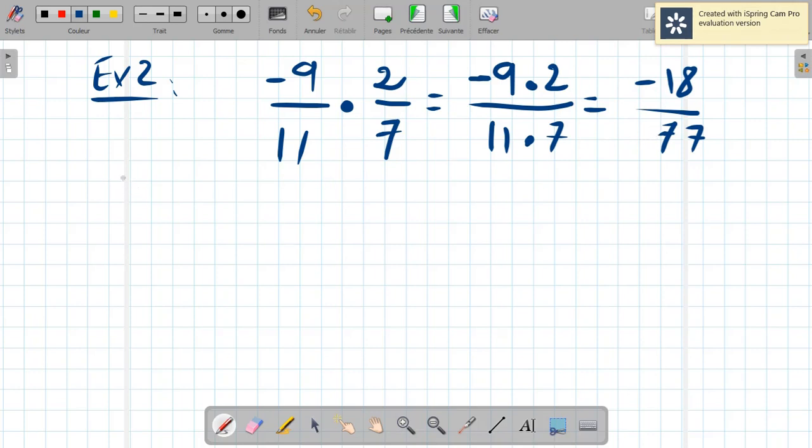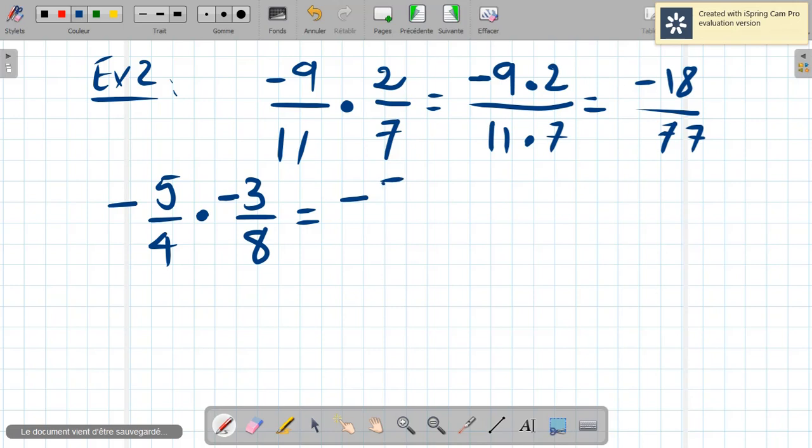Now let's give another example. If you have, for instance, negative 5 over 4 multiplied by, let's make it negative here, negative 3 over 8, what would you have as an answer? You need to multiply numerator with numerator and denominator with denominator.